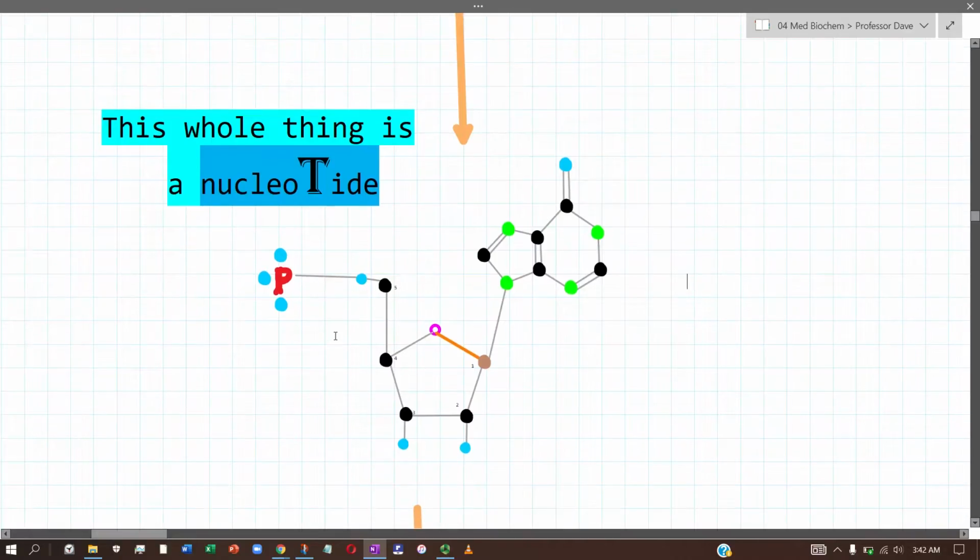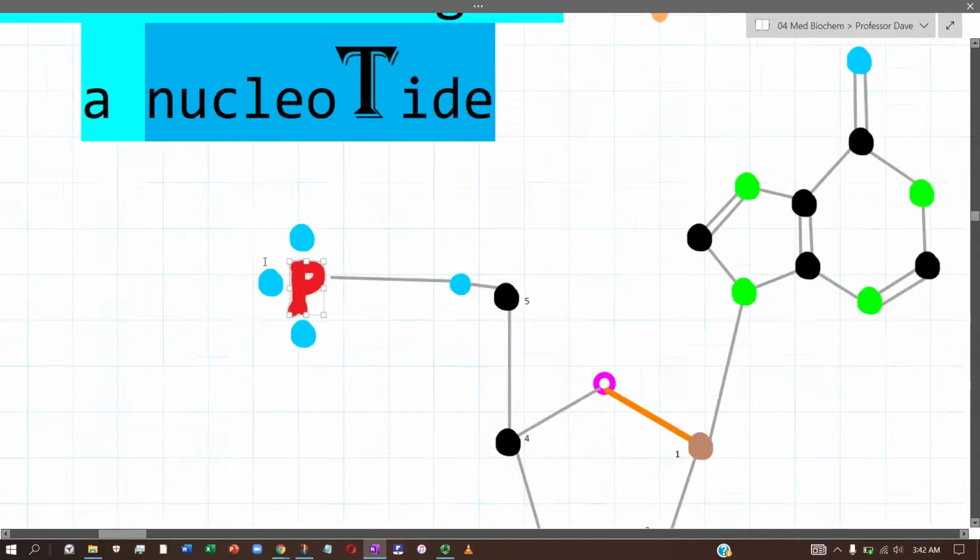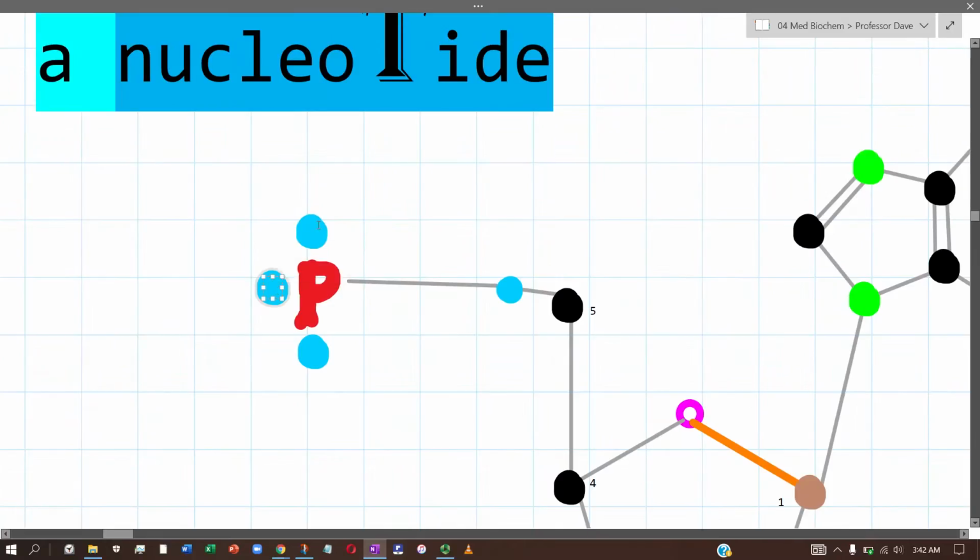And then over here you have a phosphate group. Moving forward, the phosphate group will always be drawn like this. The P for phosphate, I'll draw it in red just for it to stand out. And there will always be 3 oxygens in blue surrounding it.